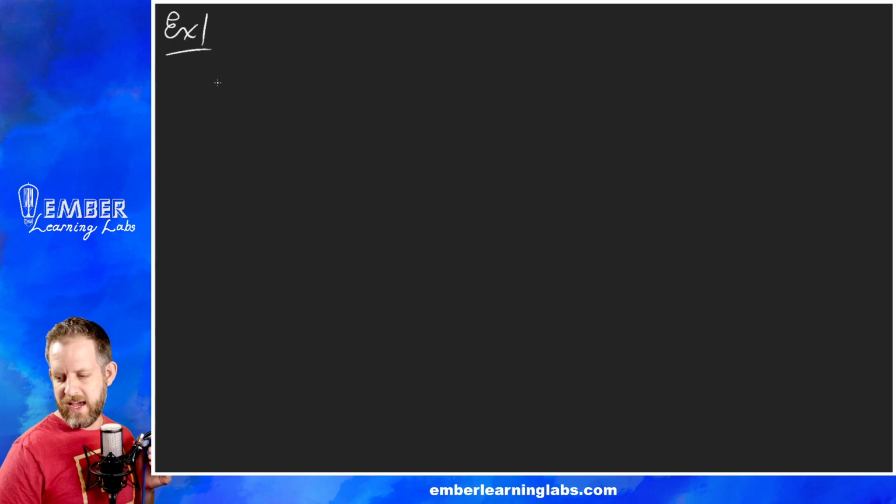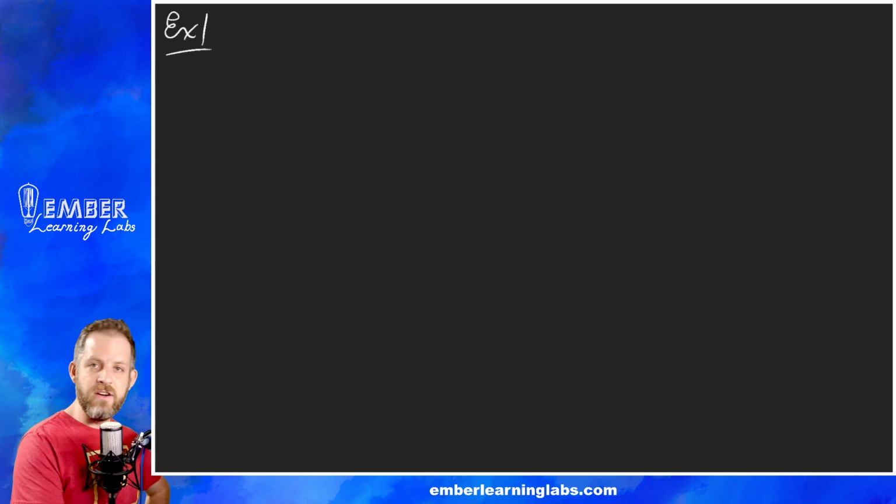Let's do some examples. I don't even know what example number this is. I'm not going to go back and figure it out. You probably got it right in your notes. It'll be easy for you to figure out the example number. It might be example 3 or 4, but I'm just going to label it an example. Okay, so here's the type of problem we might see with this.